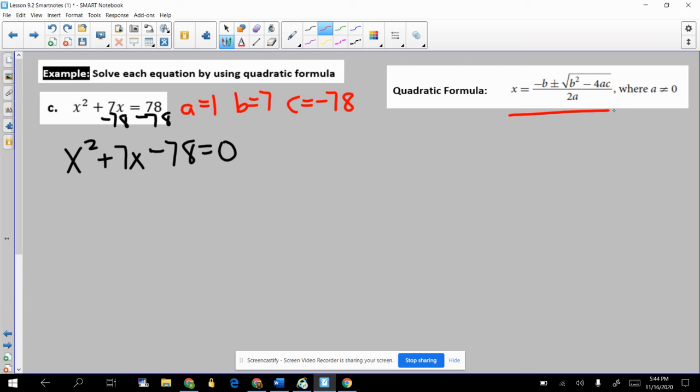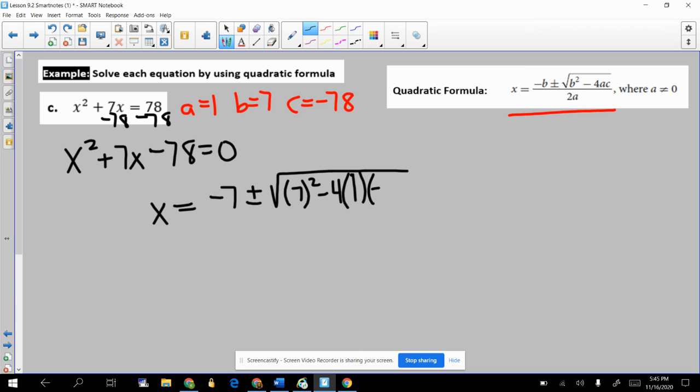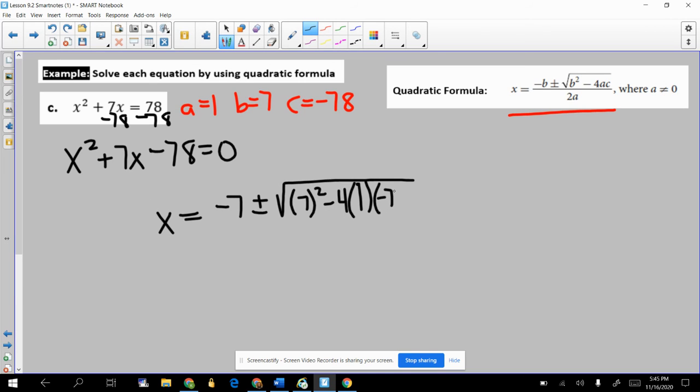All right, so we're going to plug it in here. So we've got x equals negative b, so negative 7 plus or minus the square root of b squared would be 7 squared minus 4 times our a, which is 1, times our c, which is negative 78, all over 2a, which is going to be 2 times 1.